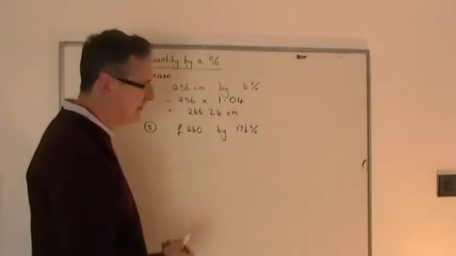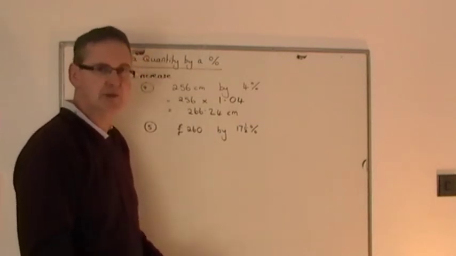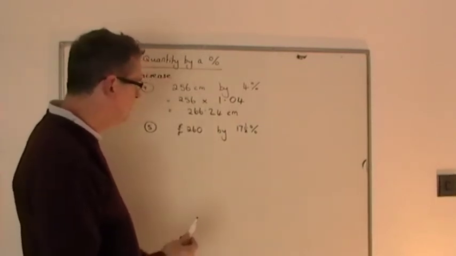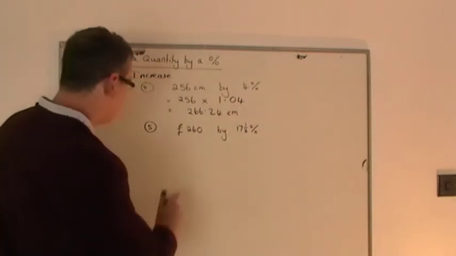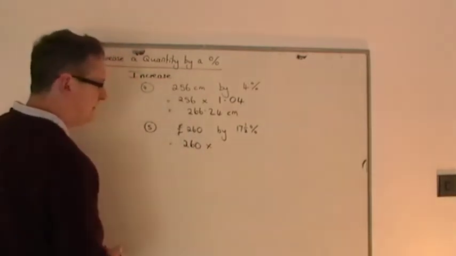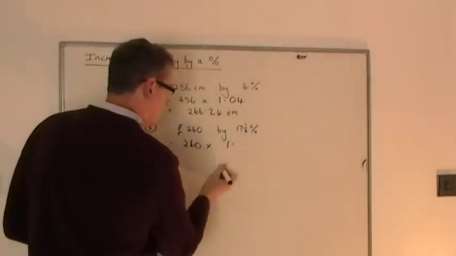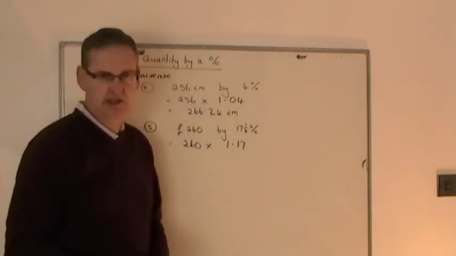And 17.5% is a very popular figure to be tested in exams because it's quite an awkward decimal, and you do need to know how to deal with 17.5% increases. So we take the £260, we're going to increase it by 17.5%, so it's 1 point. Now if you did 1.17, that's a 17% increase.